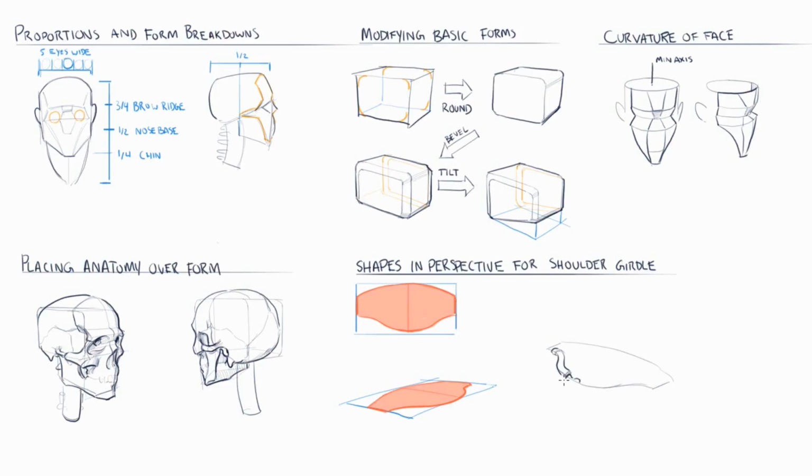Here's the clavicle on the far side, the manubrium, and the clavicle on the closer side. From there we have the acromion process coming from the scapula on the back, the first rib, and the spinal column, which again is very important to understand how those ellipses work, because we can just simplify that to a curved cylinder.